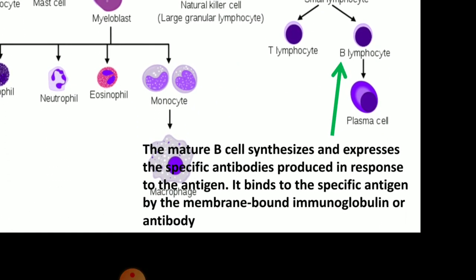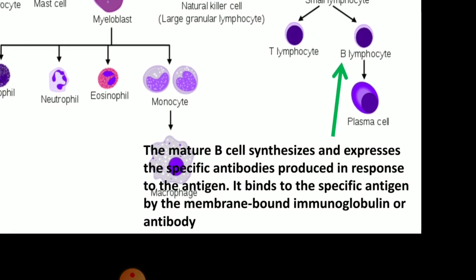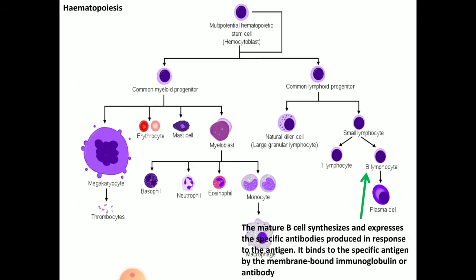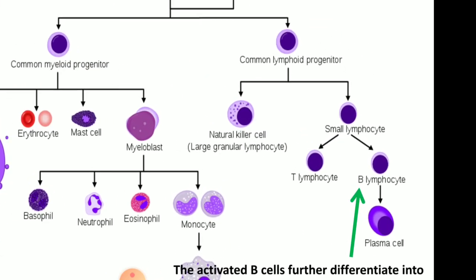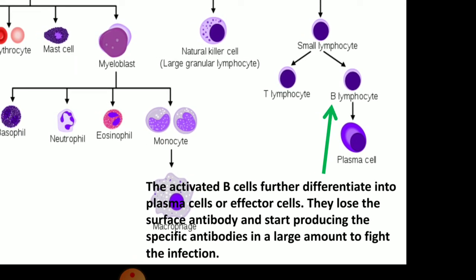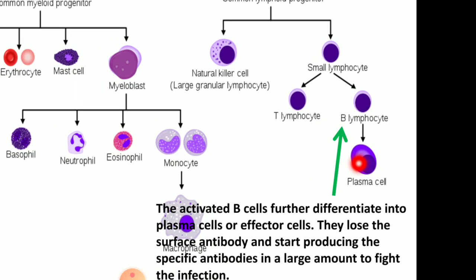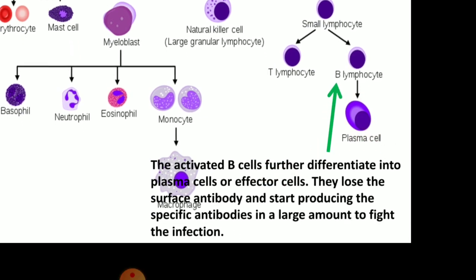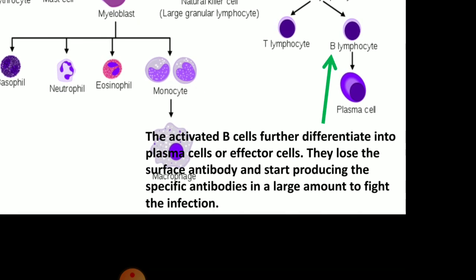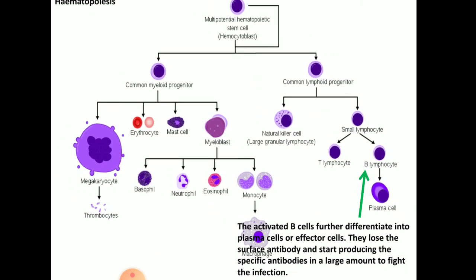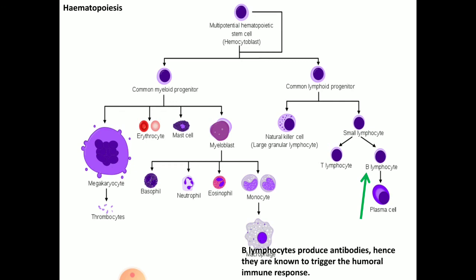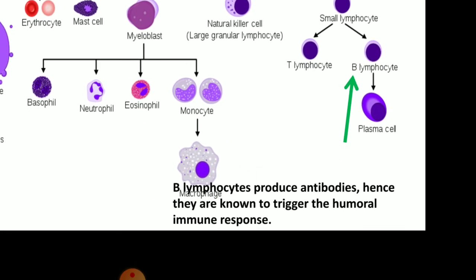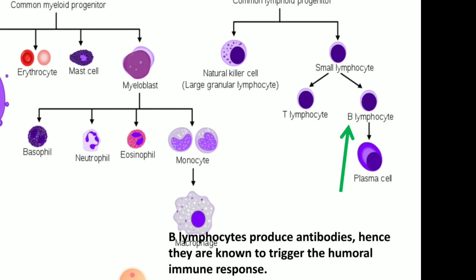It binds to the specific antigen by the membrane bound immunoglobulin or antibody. The activated B cells further differentiate into plasma cells or effector cells. They lose the surface antibody and start producing specific antibodies in large numbers to fight the infection. B lymphocytes produce antibodies and hence they are known to trigger the humoral immune response.